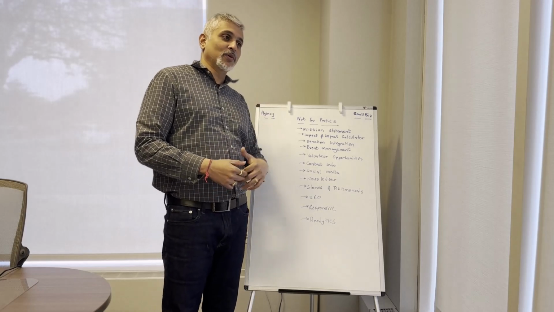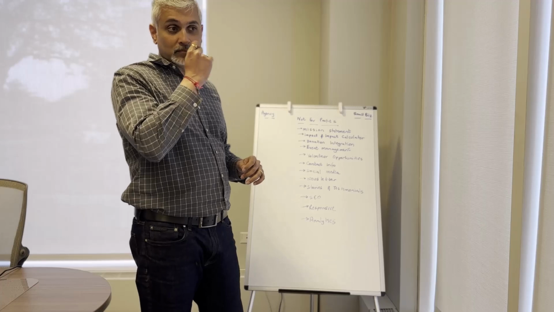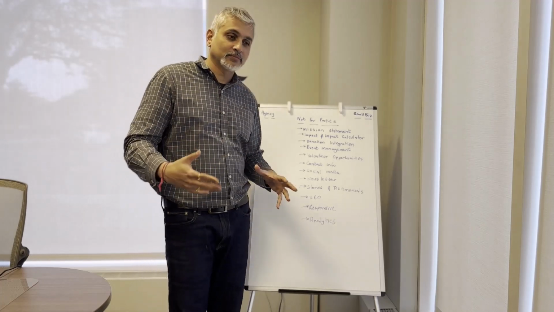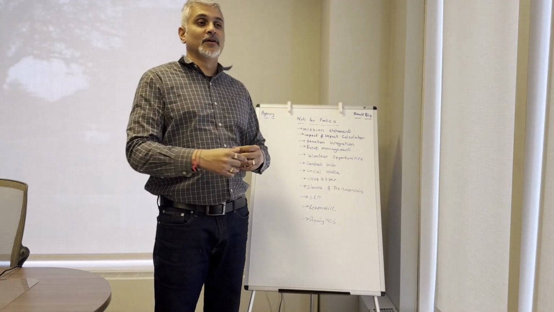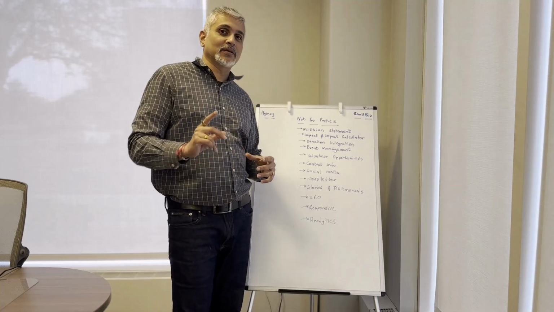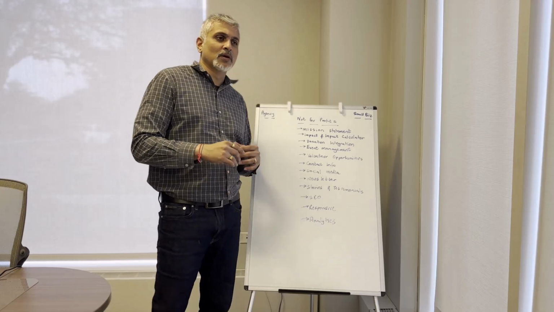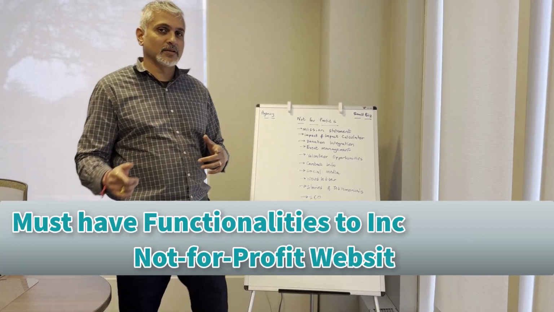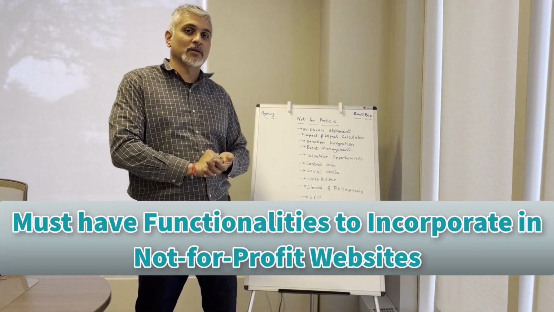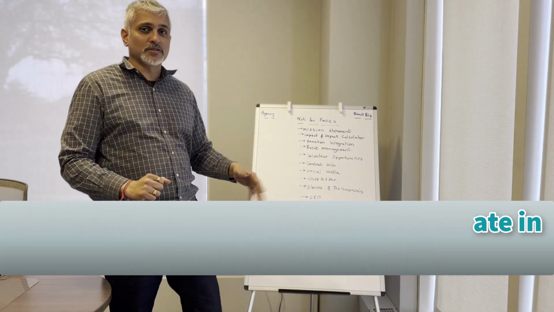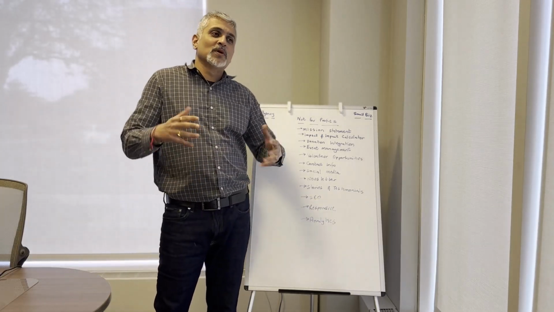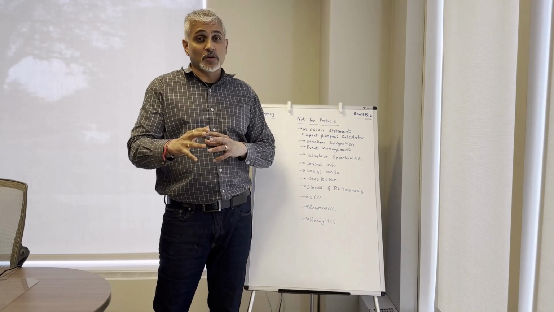In the last video, I showcased 10 not-for-profits whose UI UX I liked. Today I'm going to talk about a little more than 10 must-have functionalities that you should incorporate in your site. If you have just signed on a not-for-profit, most agencies are small.